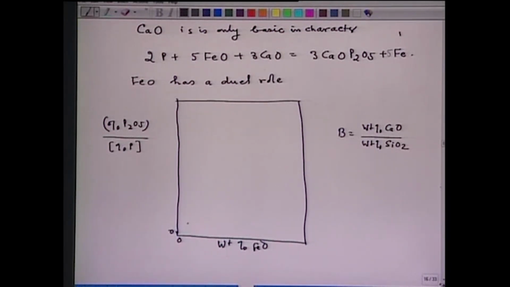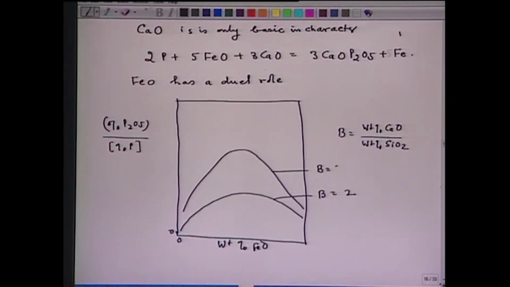If I plot now for different basicity ratios, say for example B equal to 2, this is for example B equal to 3, and this is for example B equal to 4.